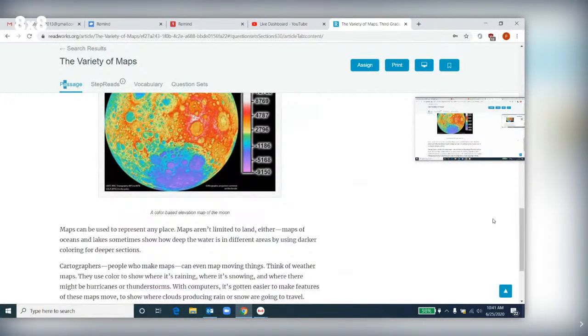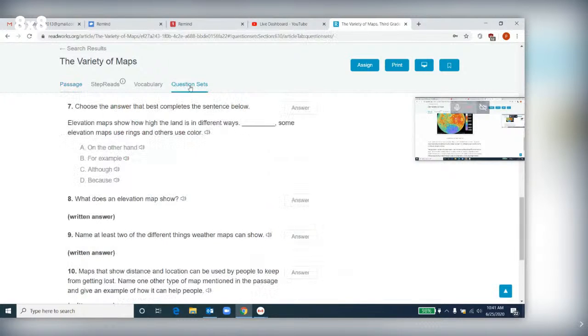All right, yeah, it's in this one. Cartographers, people who make maps, even use maps for moving things. Think of weather. They use color to show where it's raining, where it's snowing, where there might be hurricanes or thunderstorms. So a weather map can show where it's raining, where it's snowing, where there are hurricanes or thunderstorms. So you can pick any two of those. It shows 4 different things, okay? And the last question, that was 9, two things a weather map can show.